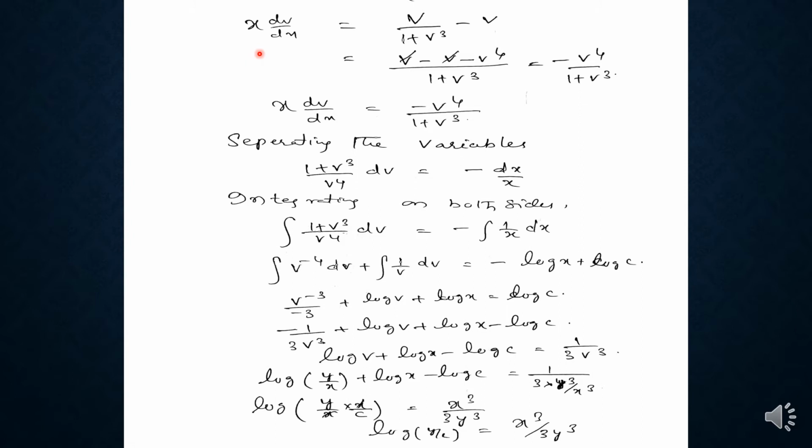Now by simplification and separating the variables, we can separate the variables as v terms on the dv side and all the x terms on the dx side. By integrating on both sides, we will get the solution. In that solution, we have to substitute v is equal to y by x. Then by simplifying that, we will get the solution.